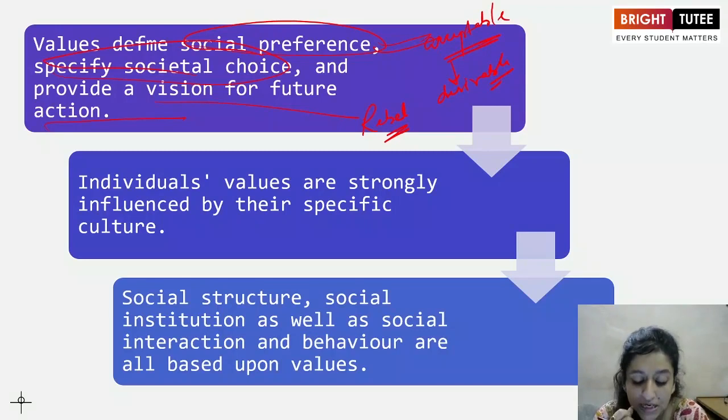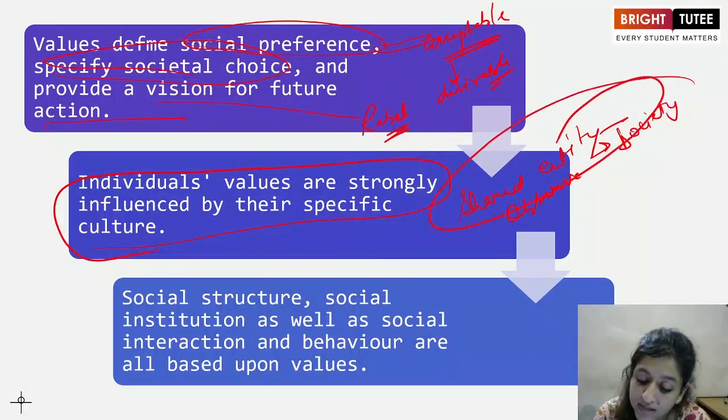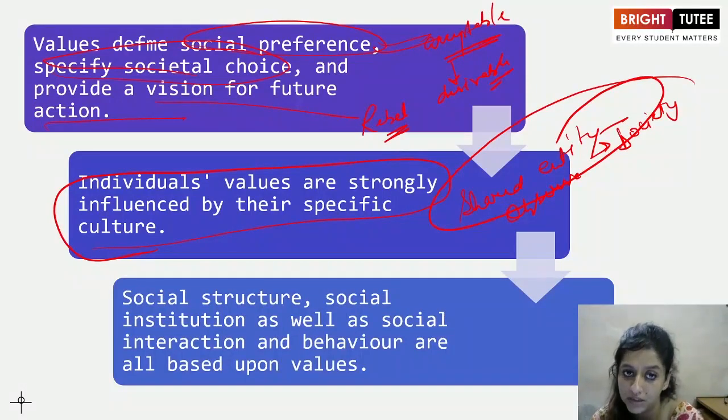Moving on, individuals' values are strongly influenced by their specific culture, obviously, because it is a shared entity. It is something that we observe and then take up from the society. That is what makes it a culture-specific entity.